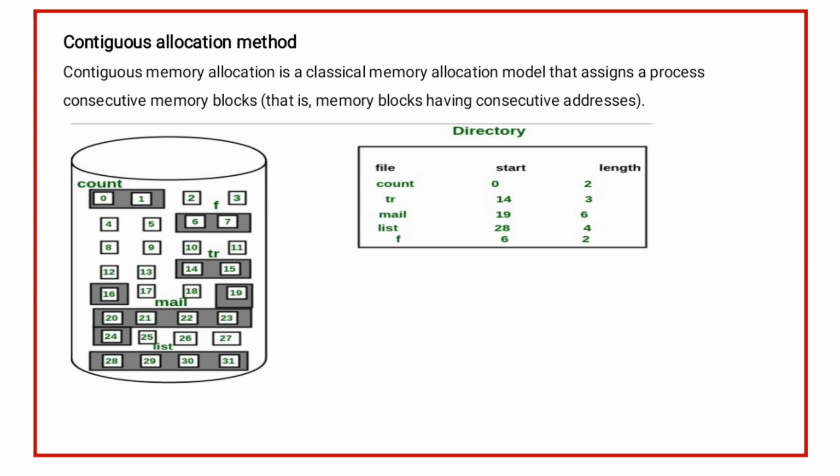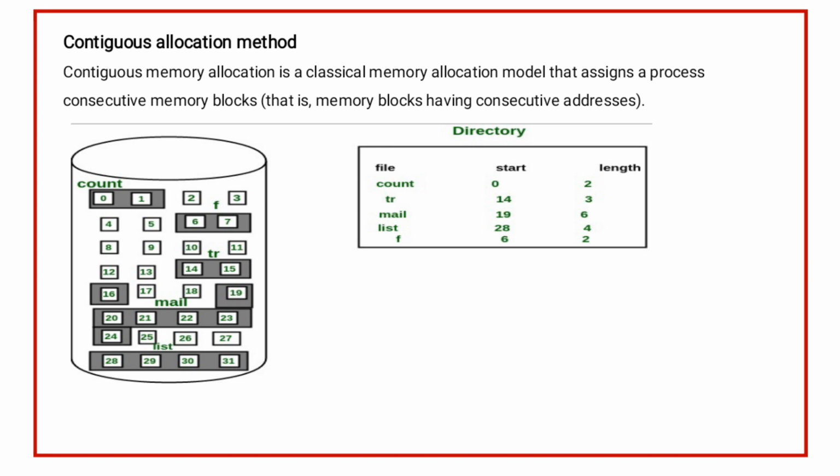This means that given the starting block address and the length of the file in terms of blocks required, we can determine the blocks occupied by the file. The directory entry for a file with contiguous allocation contains the address of the starting block and the length of the allocated portion.